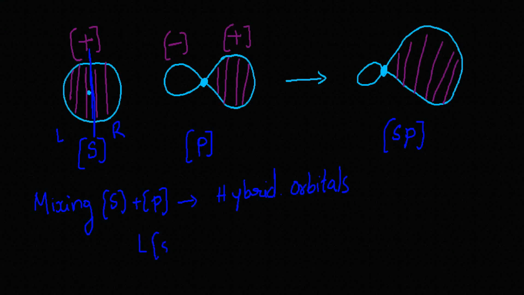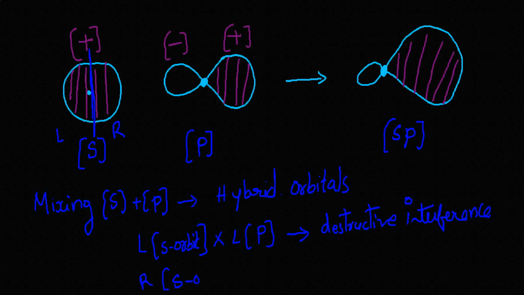Now let's see how these orbitals mix. When the left side of the s orbital mixes with the left side of the p orbital, that's going to give you destructive interference. And when the right side of the s orbital mixes with the right side of the p orbital, it's going to give you constructive interference.